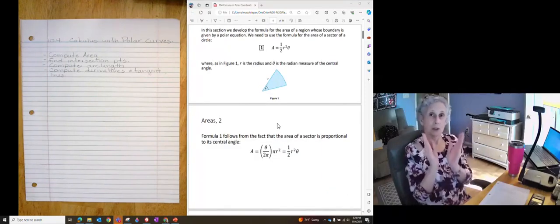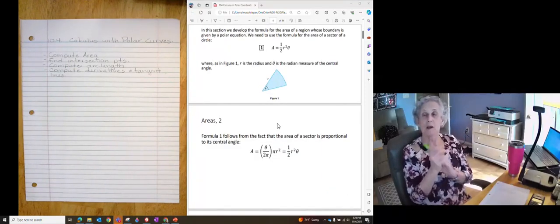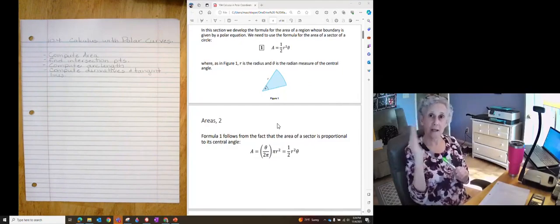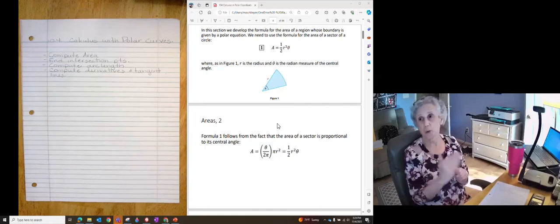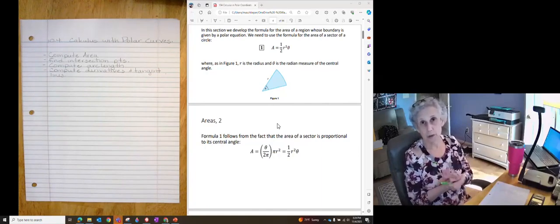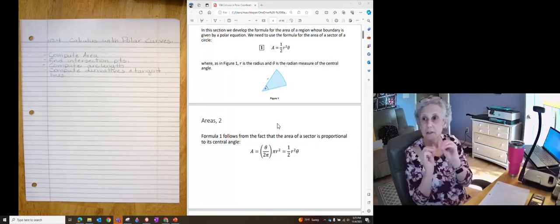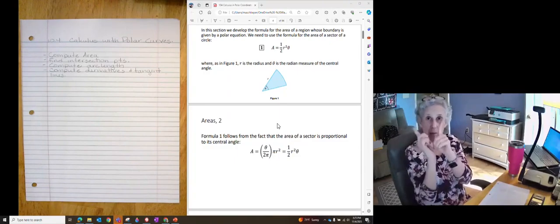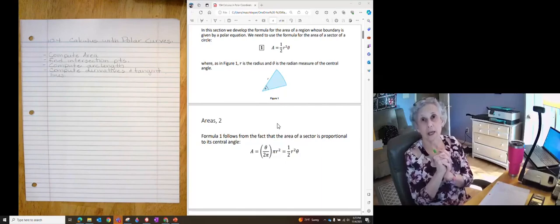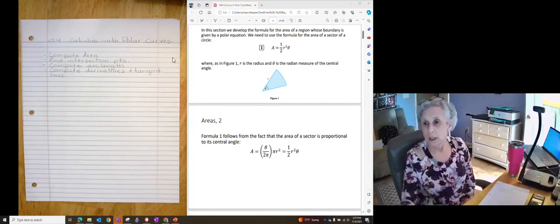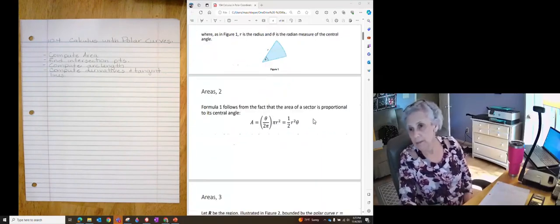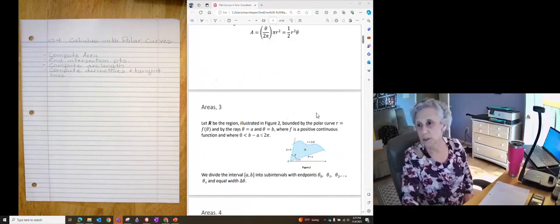The way we do it is we think about the area of a sector of a circle, which you learned way back in pre-calculus trig. So the area of a sector of a circle is 1/2 r squared theta, radius times the measure of the sector. So this area of a sector is proportional to its central angle.